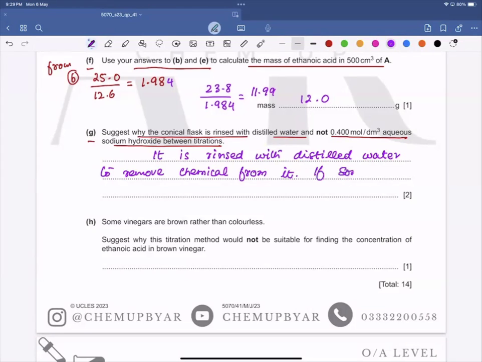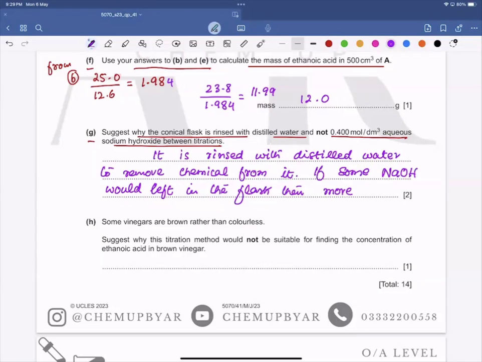And if we rinse it with sodium hydroxide, and if some NaOH is left in the flask, then obviously we are adding more from the pipette, and due to the rinsing some is left in the flask, and we have added 25 centimeter cube from the pipette.